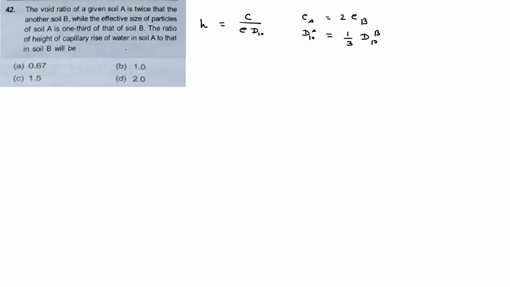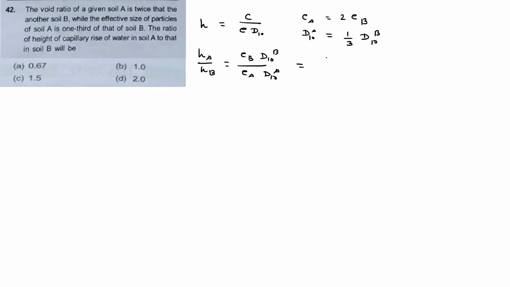The ratio of height of capillary rise, okay. So the ratio hA by hB is equal to eB D10B divided by eA D10A.